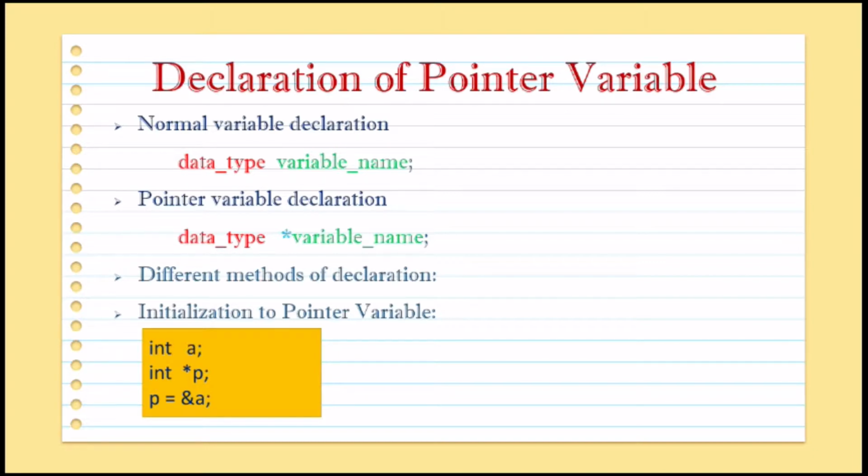And then we have initialized the pointer variable, that is p equal to and a. So here the address of a will be stored in p. While initializing, make sure that both variables data type must be same. So here p and a is having integer data type.